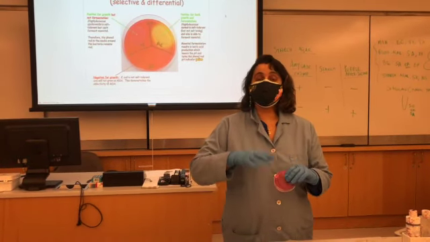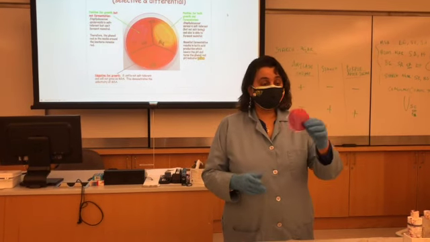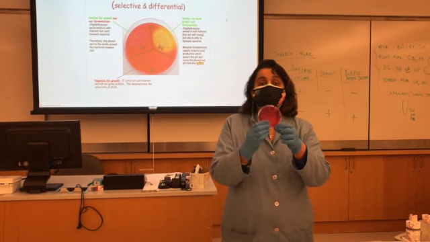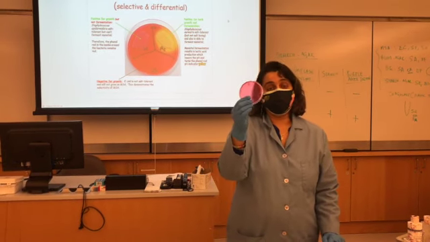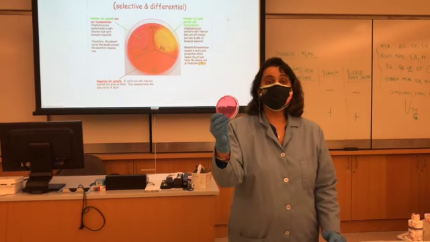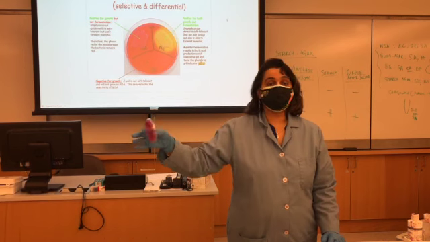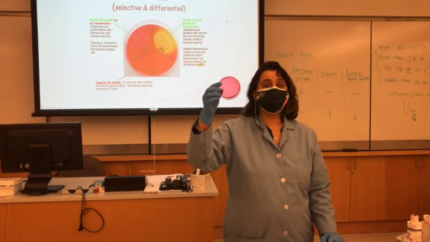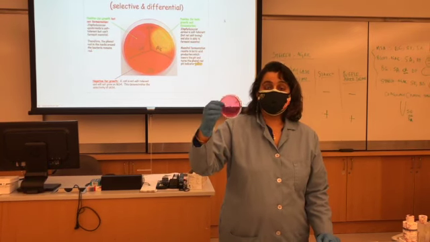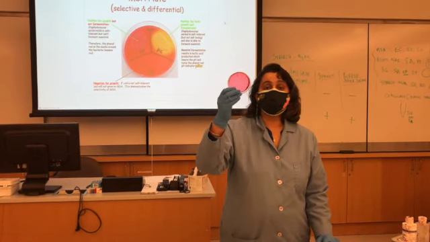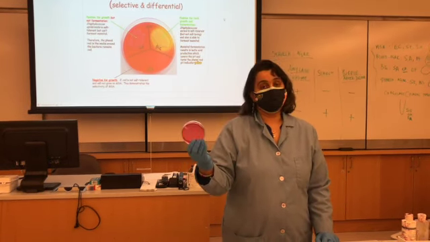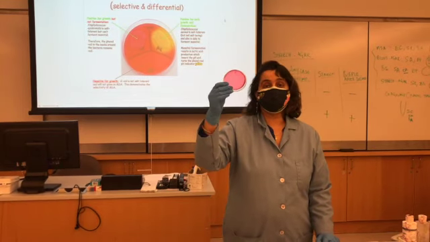If the bacteria is able to break down the mannitol sugar, you will see that lactic acid is produced in the media and it will change the color from pink to yellow. If the plate changes from pink to yellow, it's an indication that the bacteria is able to break down mannitol. And this media has an indicator dye which is going to change the color of the media. When you see an acid forming, the color of the media would be changed from red to yellow. Okay, this is pink or red, whatever you want to call it.